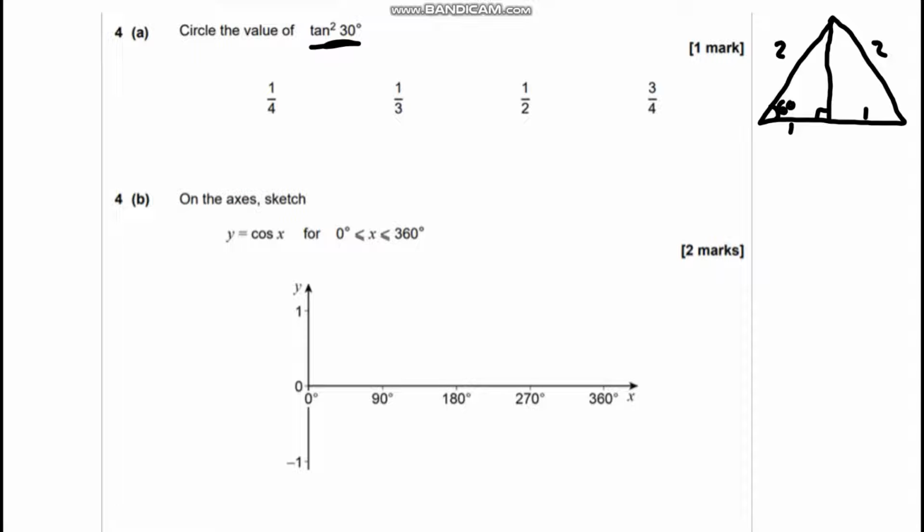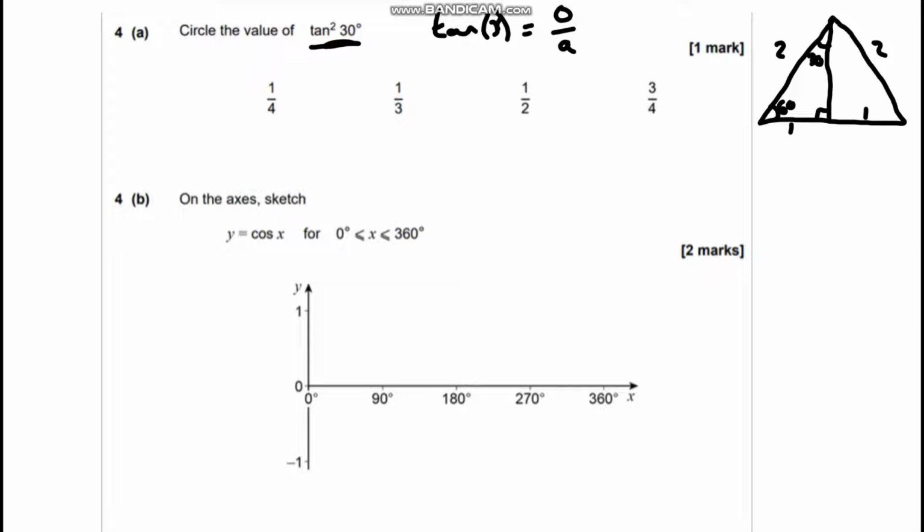So we're going to end up with a right angle triangle with angle inside of 60. This one is therefore going to be 30. And we've got a base length of 1 and a hypotenuse of 2. We know that tan of an angle, let's call it x, is the opposite over adjacent.